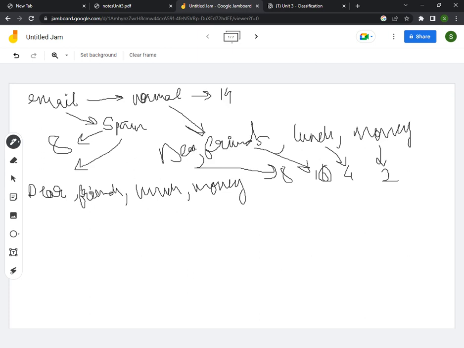But in the spam, the keyword dear comes 3 times, friend comes 2 times, the lunch keyword comes zero times, and the keyword money comes 10 times. Okay, so we will make this 10.